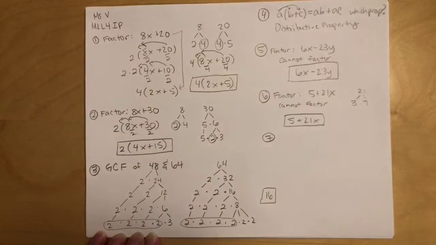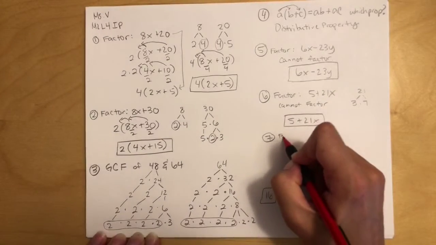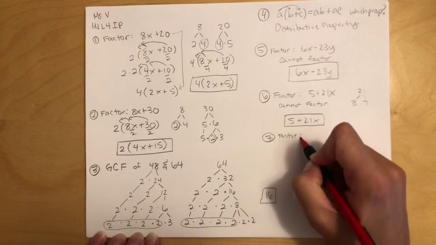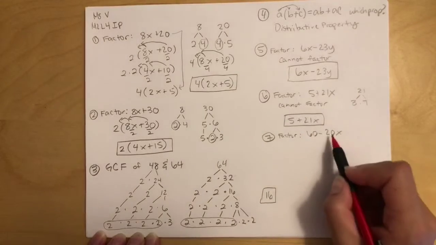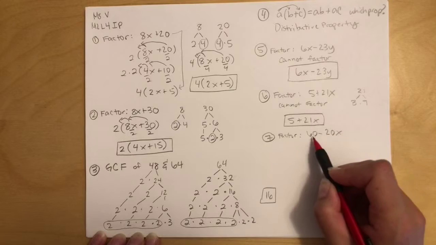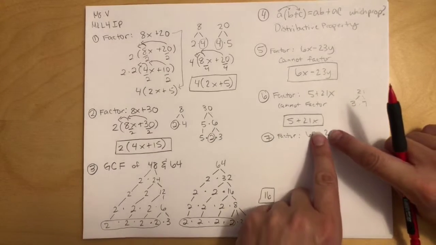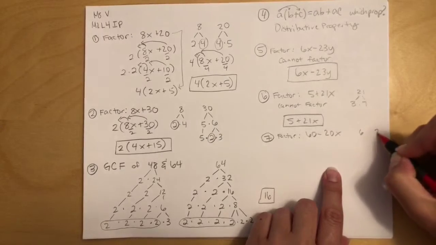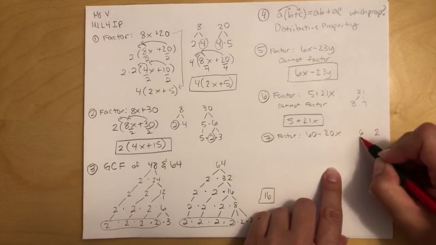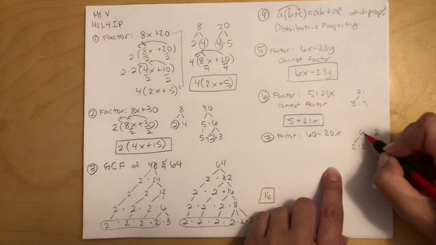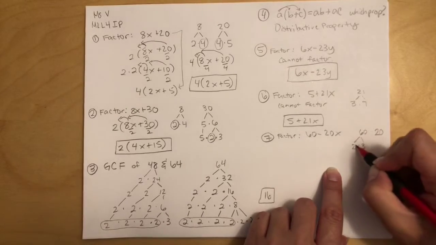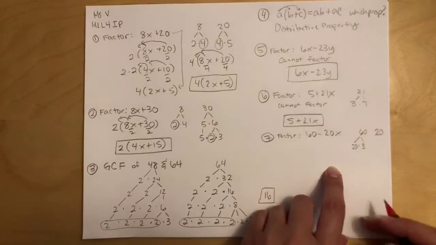Number 7, factor 60 minus 20x. Well, I can already see that 20 is a factor of 60. If we get rid of the zeros and we just have 6 and 2, well, this is 2 times 3. If we put zeros on here, this would be 20 times 3.